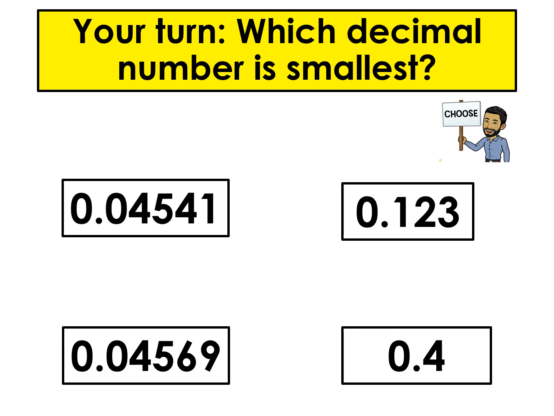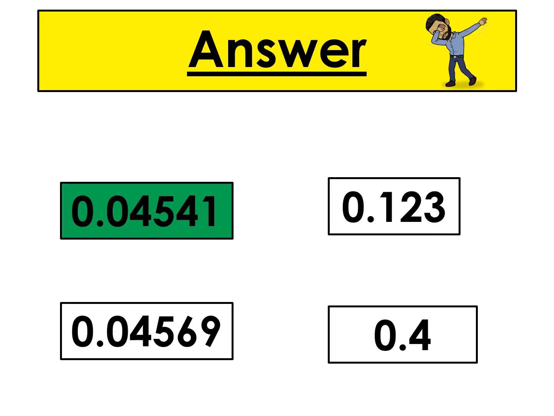Right, so I'm hoping you've compared each digit, and if you have done that correctly, you will have got this as your answer. 0.04541 is actually the smallest one because they all start off with 0, but these two have zeros.